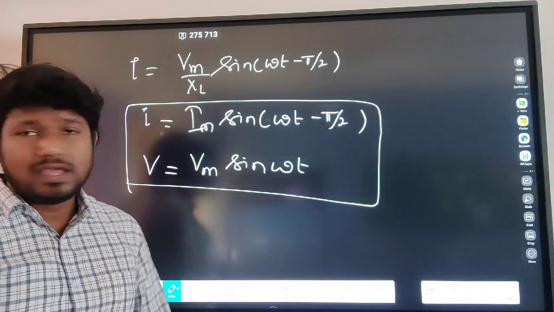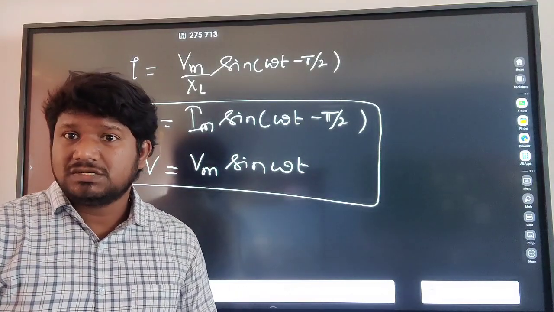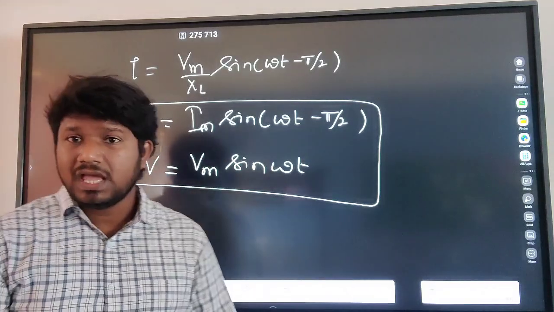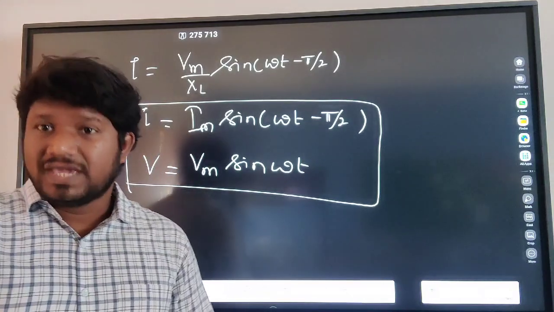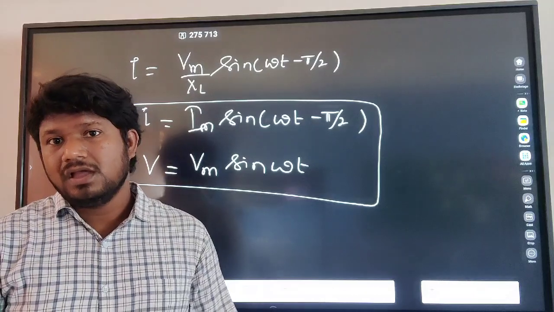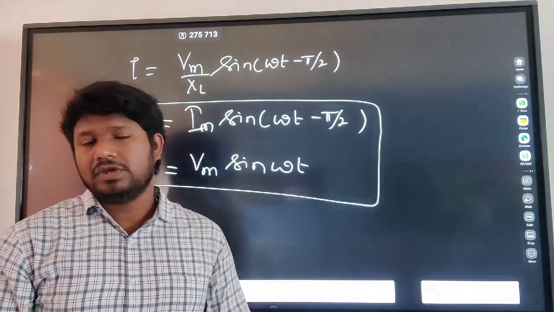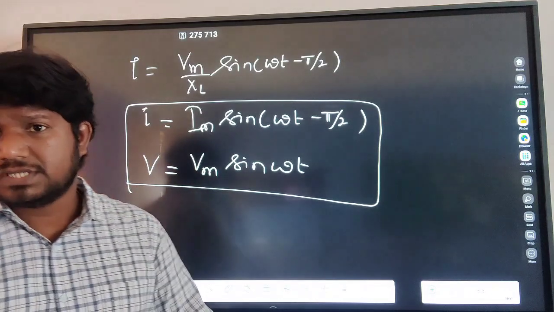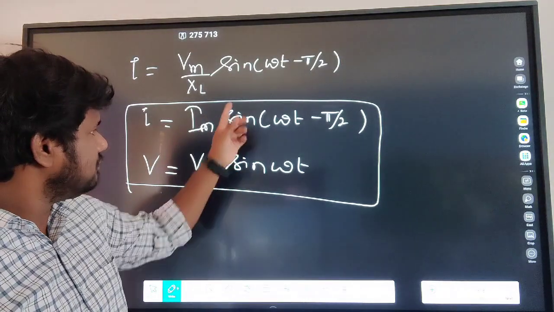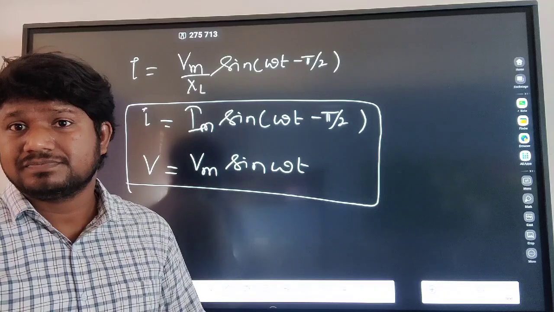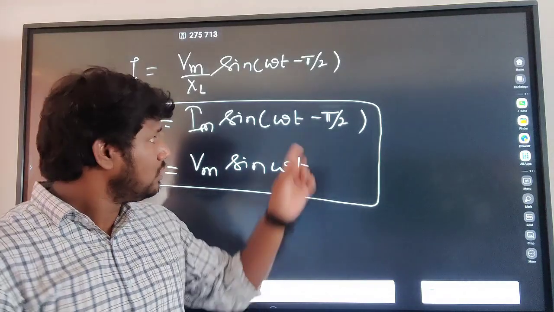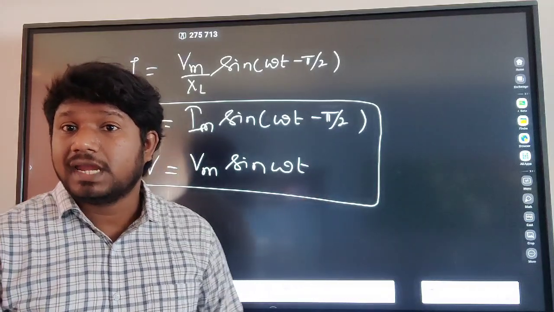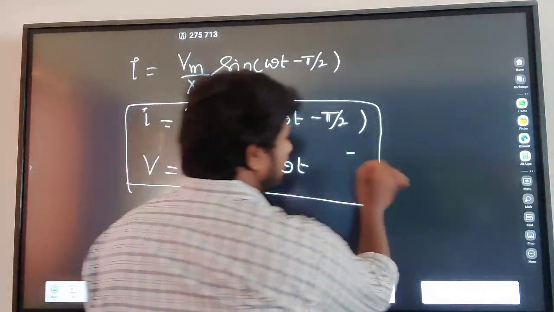From this only I am going to judge the phase difference between voltage and current, and with this help only I am going to plot the phasor diagram. How we are going to plot it, we will see. Now if we clearly observe, what is the phase difference between voltage and current? 90 degrees. So current is lagging voltage by how much? 90 degrees. This is very important.